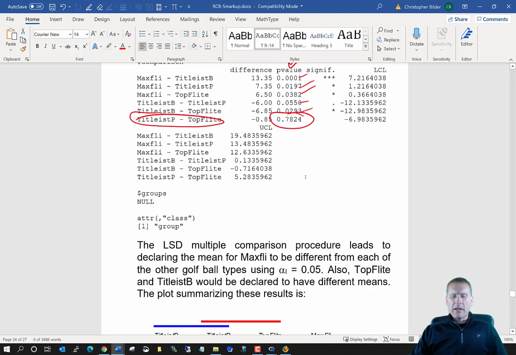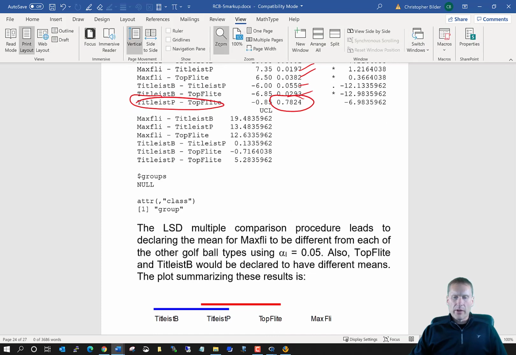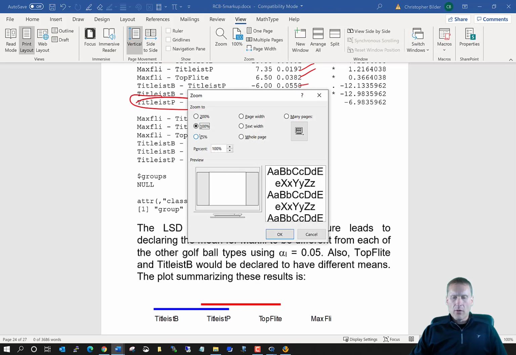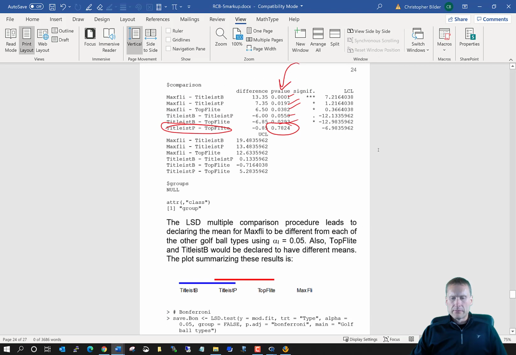So what does this mean in terms of our little plot? Let me see if I can get this all on one screen here. Hopefully this won't be too small on the video. So now we have, of course, the same ordering as what we did before. And what we can see here is that Titleist P and Top Flight, we should have a line between them because the p-value is large.